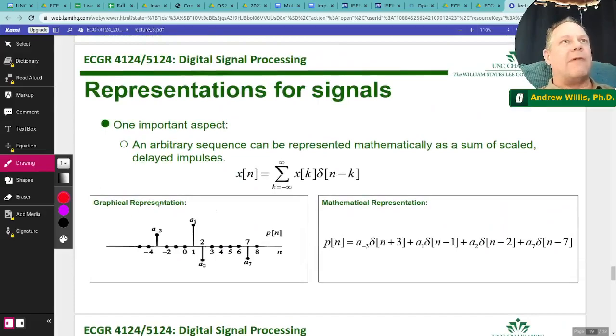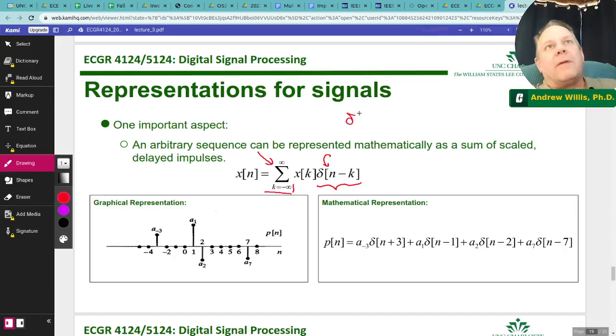So here we talk about representations for signals, and we start to involve this infinite sum situation. So this is a discrete sum. It goes over k. And in this case, we have a bunch of delta functions. I want to ask you, where does the delta function n minus k occur?